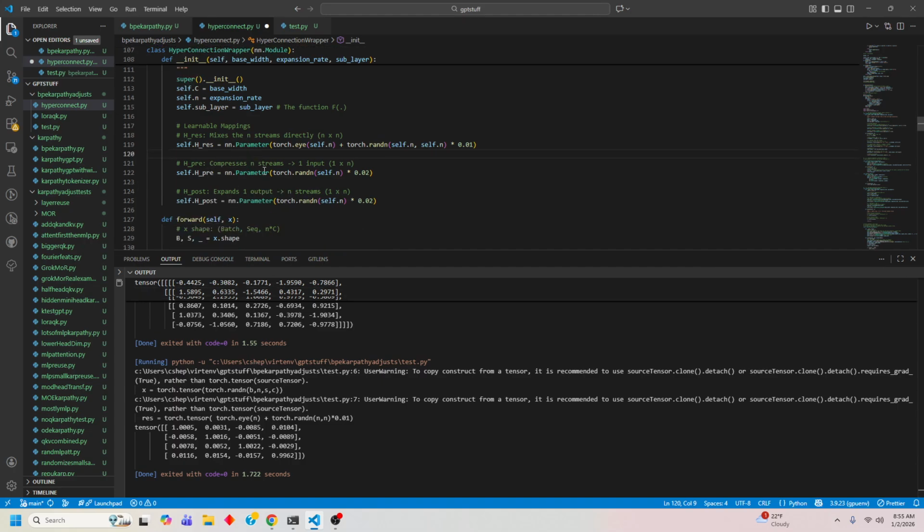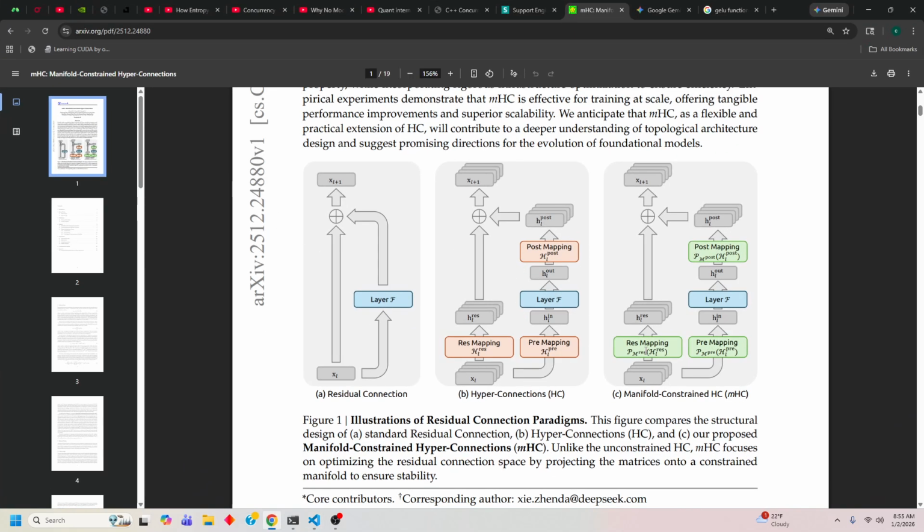It has this pre, which is torch.randn. The pre is this right here. So it has the normal one, it has the pre, which is going to go into this.